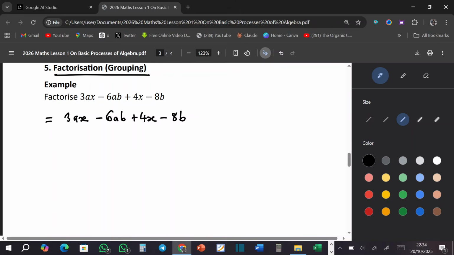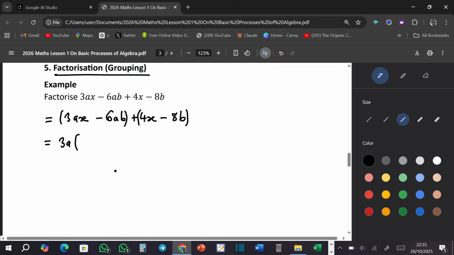Like here, they are already in groups. So you can put this one as a group and also this one as a group and factorize them like that. So between this term and this term, check for something common and factor it out. What is common between these is 3. 3 can go in itself, and also we have a and a there, so a.